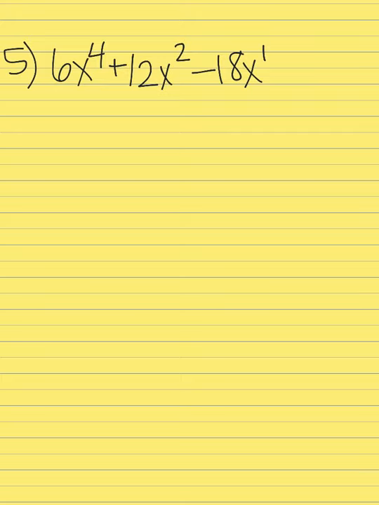Okay, so if you paused the video, you should have had 6x pulled out as the greatest common factor. Then 6 times 1 gives me 6, and x times x to the third gives me x to the fourth. Then 6 times 2 is 12, and to make x squared we would have 1x here, because x to the first times x to the first is x squared.